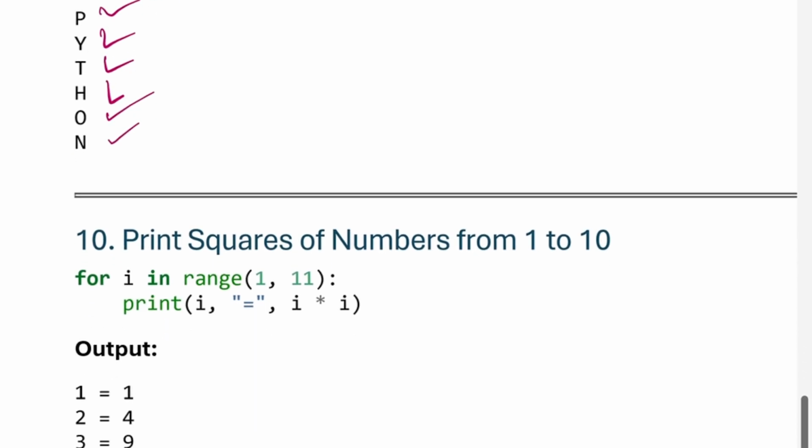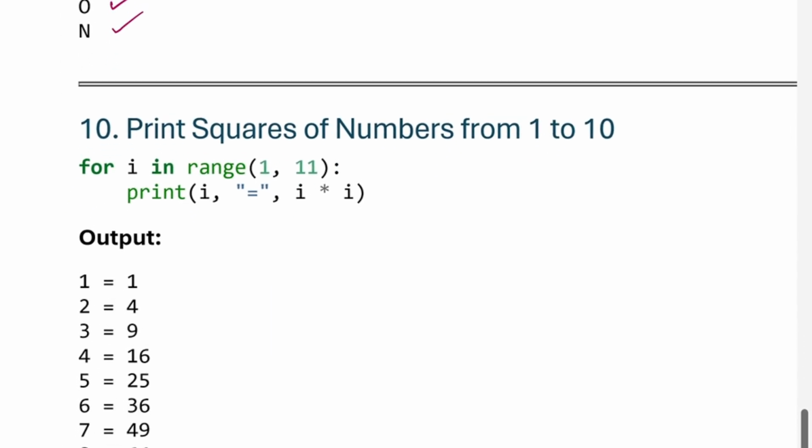line. Okay. Then print square of numbers from 1 to 10. Square of numbers from 1 to 10. We have to write 1, 11, not 10. Then we have to write i into i, which means this is your square. So it will print this square, and here is written i equal to, that means to print 1 equal to, 2 equal to, 3 equal to.